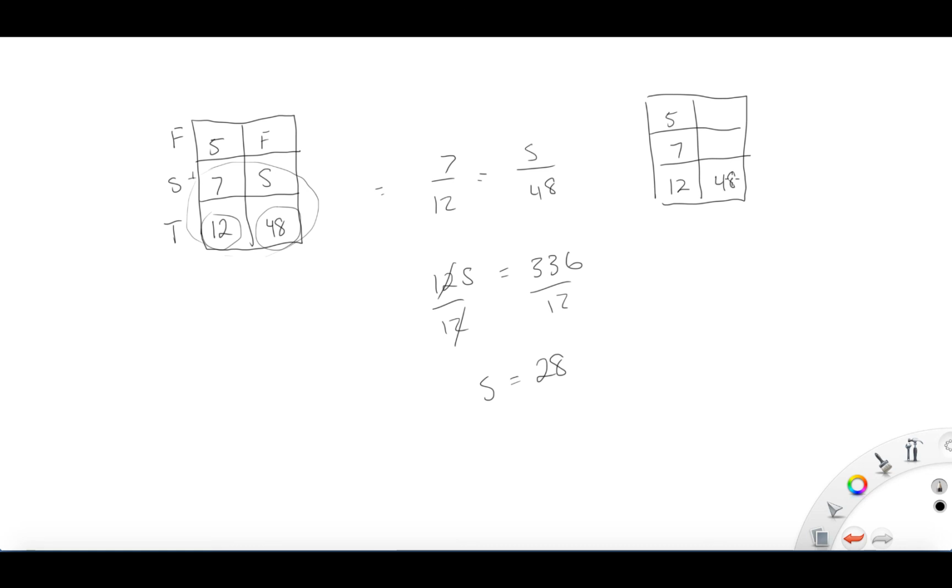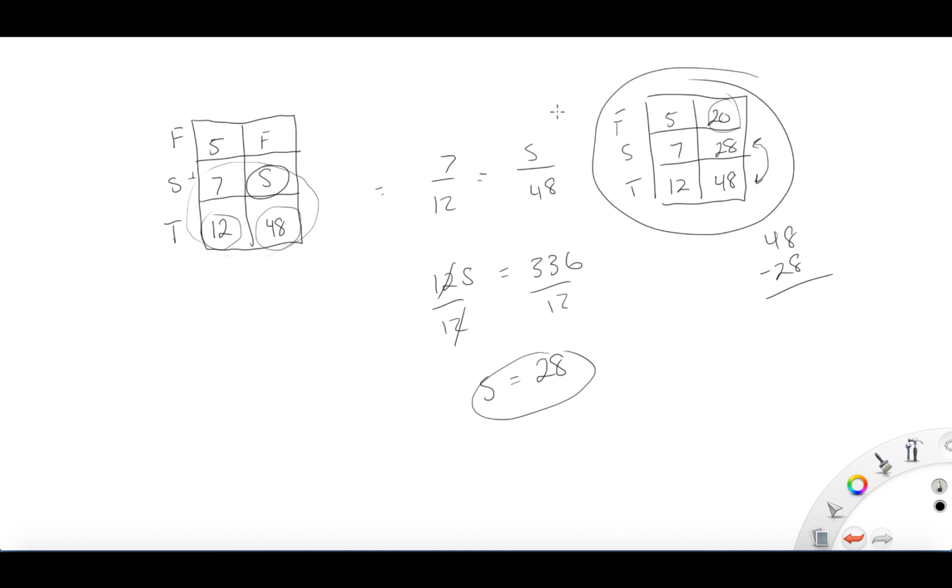I know I had 48, and I just found out how many soccer players there were. There were 28. So that means I'm going to use these two numbers and subtract them to find out my football players, right? There's football, there's soccer, there's total. So 48 minus 28, and we would see that we have 20, right? So that is my answer.